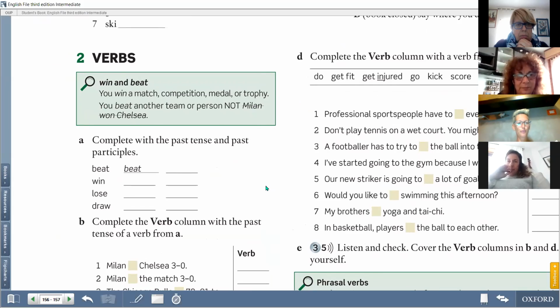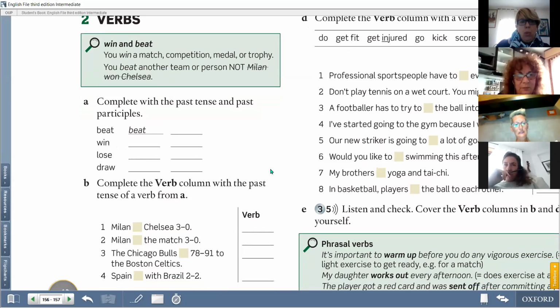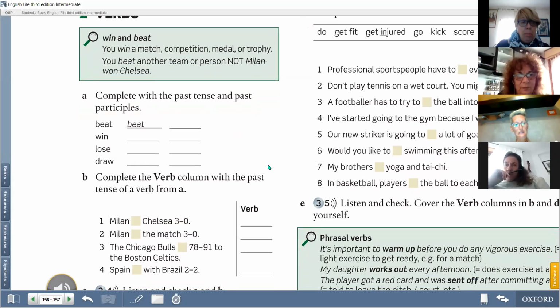Not Milan won Chelsea, but beat. This is the same way that we use in Italian, beat or win. But we also say in Italian, probably, winning with. We don't say the same.